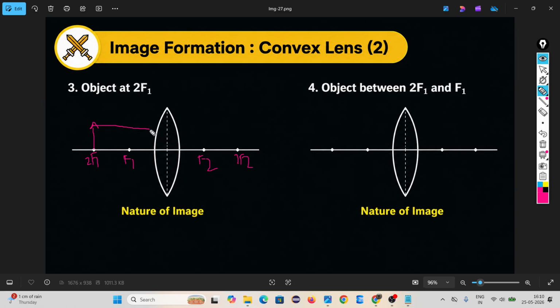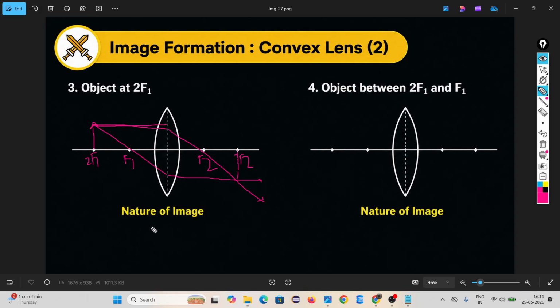Same, one line parallel, one through the focus. When the object is at 2F1, you take one line parallel, one line through F1.